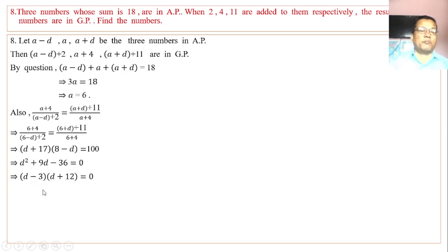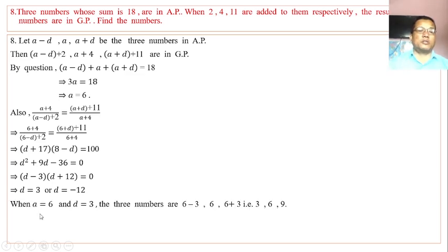Factorize to get the value of D: D equal to 3 or minus 12. When A equal to 6 and D equal to 3, the three numbers are A minus D, A, A plus D, that is 3, 6, 9.